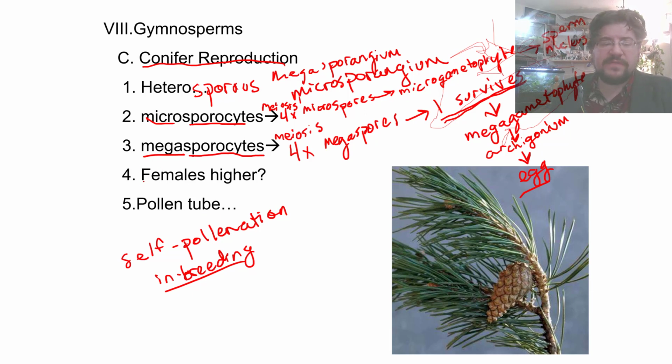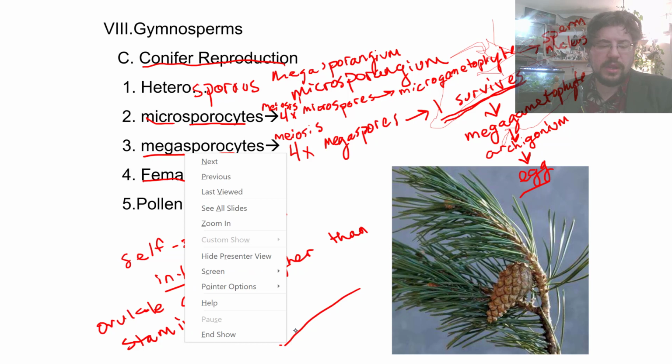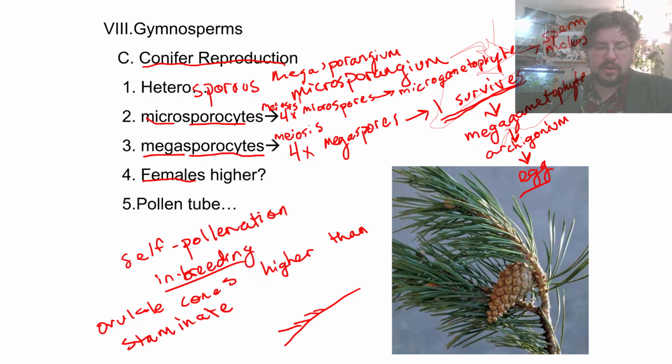In a lot of conifers, the ovulate cones will be higher up in the tree than the staminate cones. Also, if you look at a branch, right, let's get some needles on there.